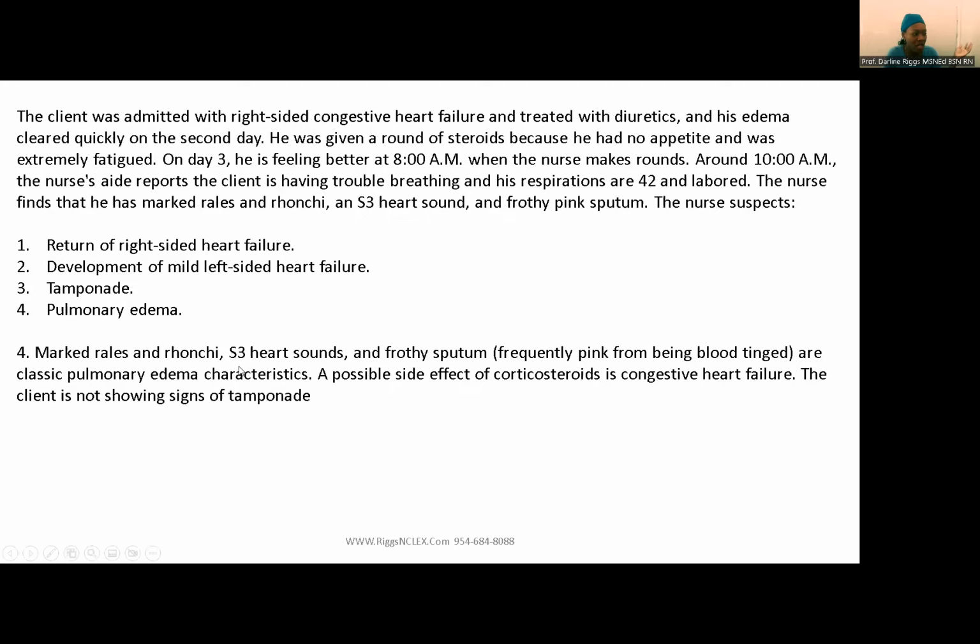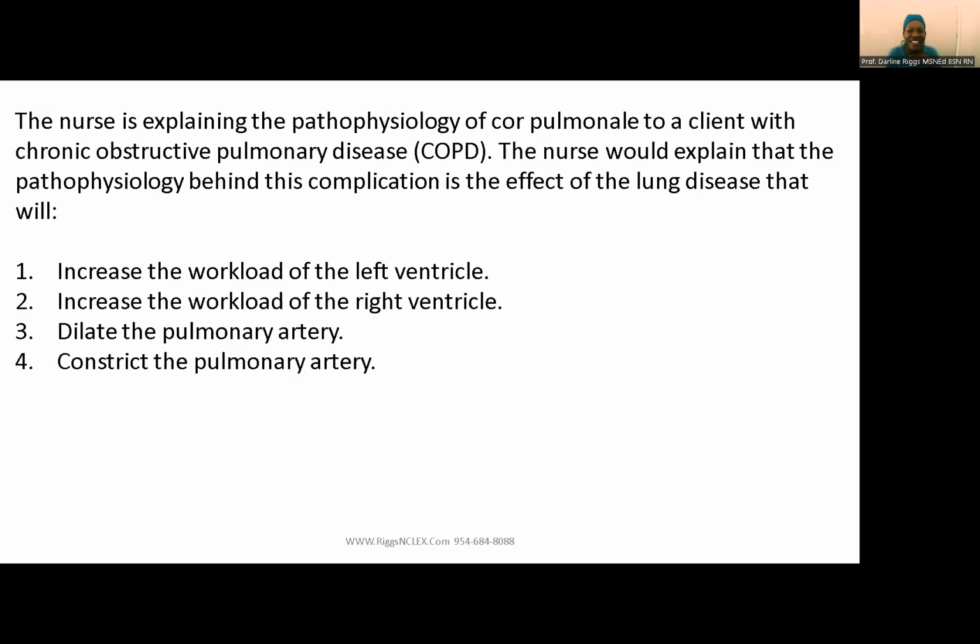So the marked rales, rhonchi, the extra heart sounds, the frothy sputum are classic signs of pulmonary edema. It's the steroids causing this. Okay, side effects of the corticosteroids. Nice. These are level 3s and 4s. Okay, so they're not 1 and 2s. Obviously, we up the notch a little bit.